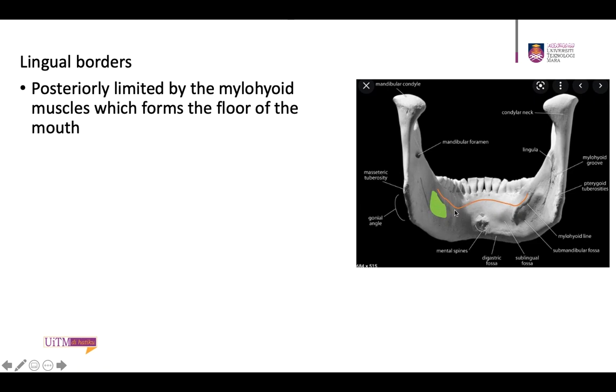If you can imagine, this is where you have the tongue and you always have your mylohyoid muscle. That becomes the floor of the mouth. In no situation should your denture extend beyond this area, which actually will be interrupted by the mylohyoid muscle's action.